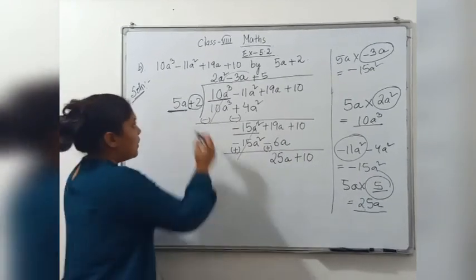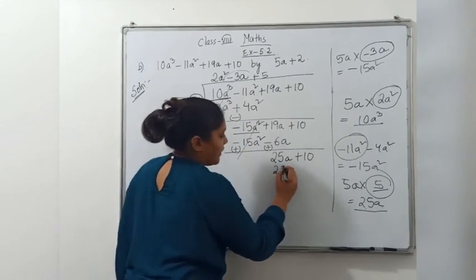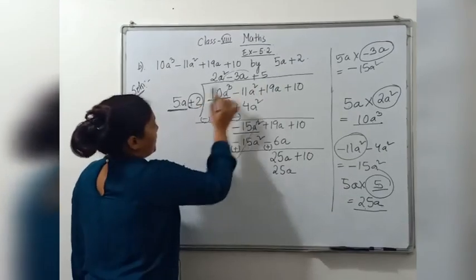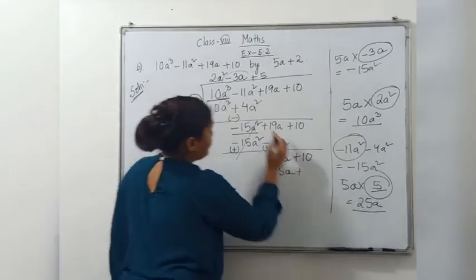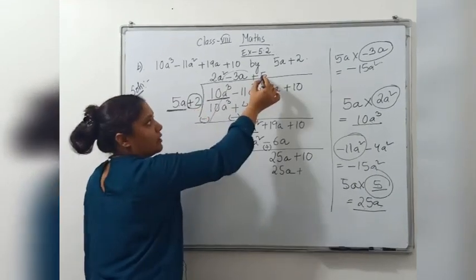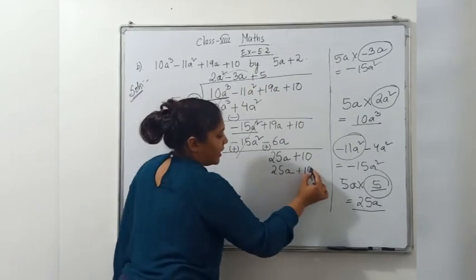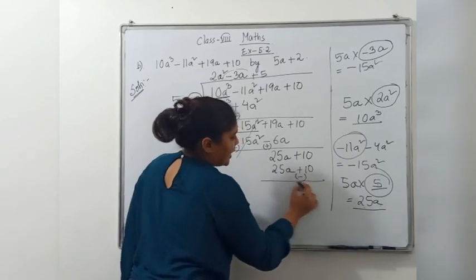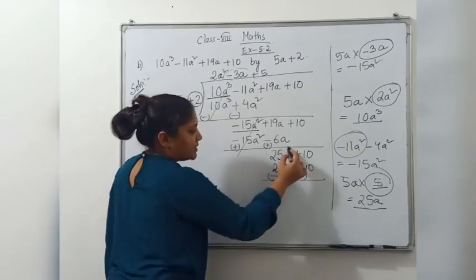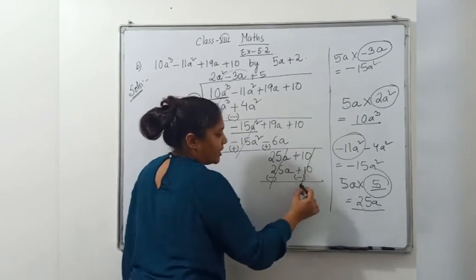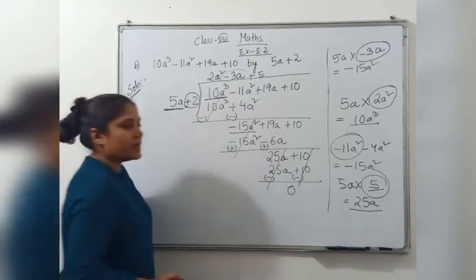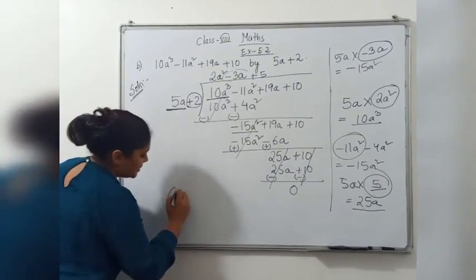Clear students? Now 5a into 5 is 25a. Plus 2 into 5 is 10. Again change the sign. Plus sign, minus sign cancel. Plus sign, minus sign cancel. Same number, so your remainder is 0. So how are we going to write your answer?